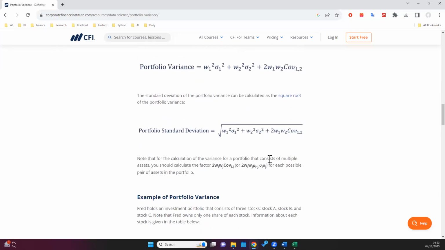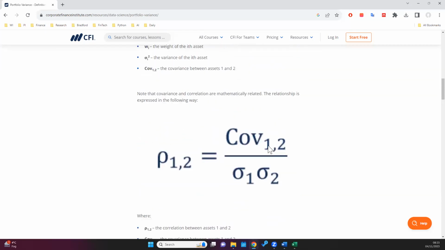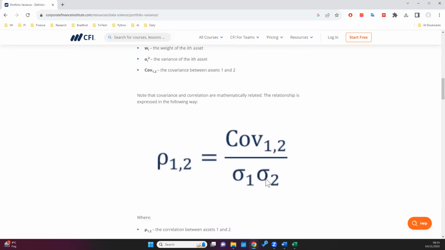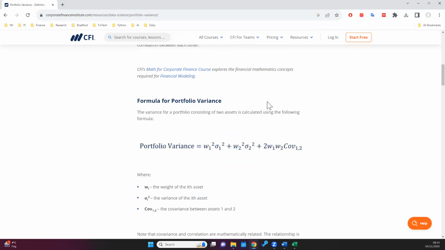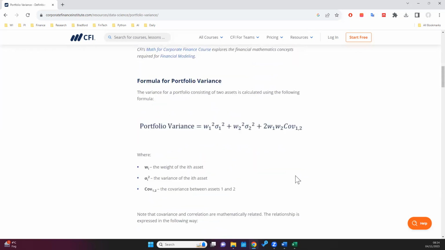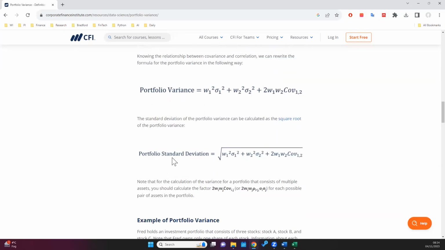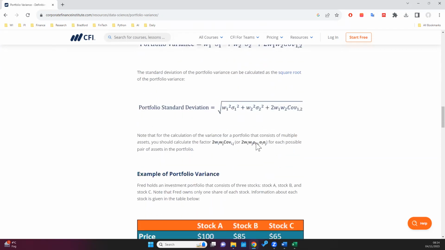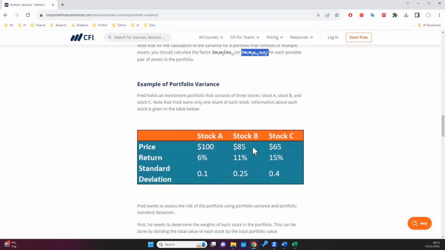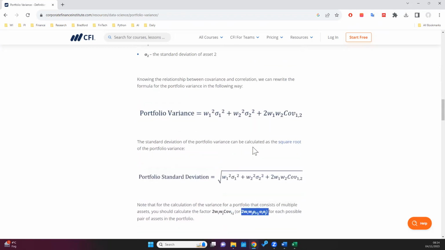So we can basically put this sigma 1, sigma 2 times rho 1, 2 in this formula instead of covariance. And to end up with the portfolio standard deviation, we need to take a square root. So as I said, instead of this, you can put this relationship, 2 weight of 1, weight 2 times weight of asset 2 times correlation between these two times their standard deviation of 1, standard deviation of 2.